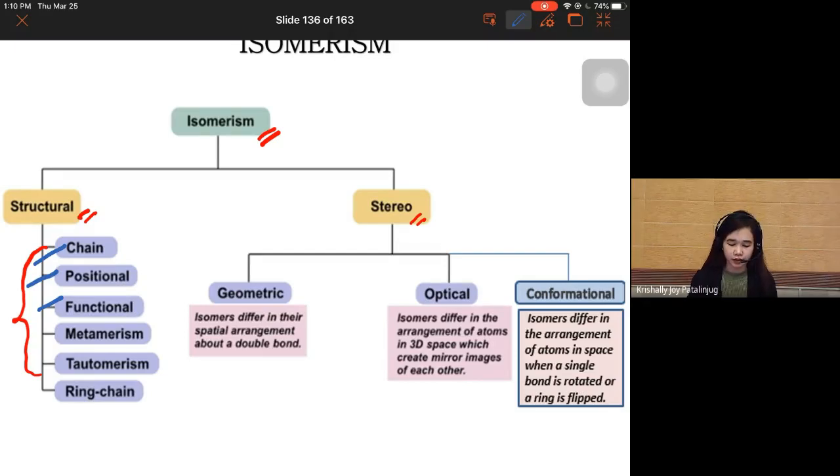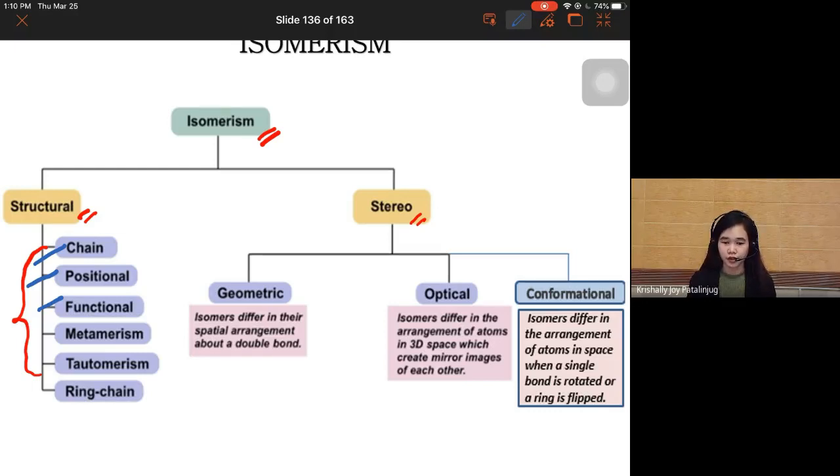Yung tautomerism and ring chain isomerism, these are rarely existing mga isomers. But I will still discuss it with you, although very limited lang siya sa mga specific molecules. But again, the most common na structural isomerism types are chain, positional, and functional. So ito yung aaralin natin for today.